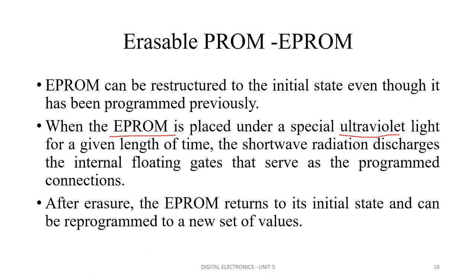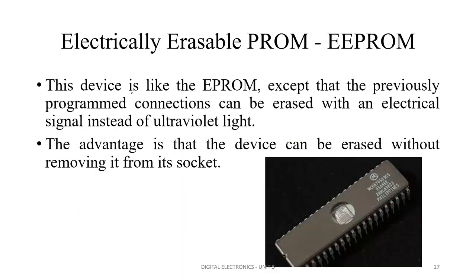After erasing, the EPROM will return to its initial state, so you can reprogram it totally. In this diagram, this particular place has to be exposed to UV light, so that all the data will be erased in this particular PROM.